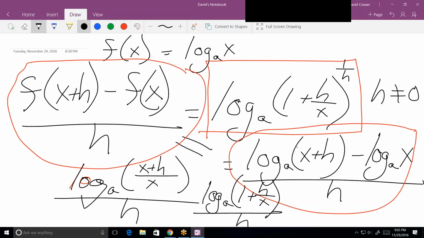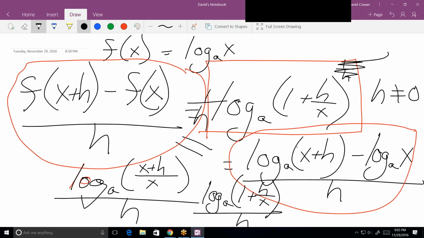Now all we have to do is figure out how to get that h that's in the denominator up to be an exponent. Well, what if I took that exponent and put it in front? Now they're the same thing, are they not? Which means that I can take a denominator and separate it out.